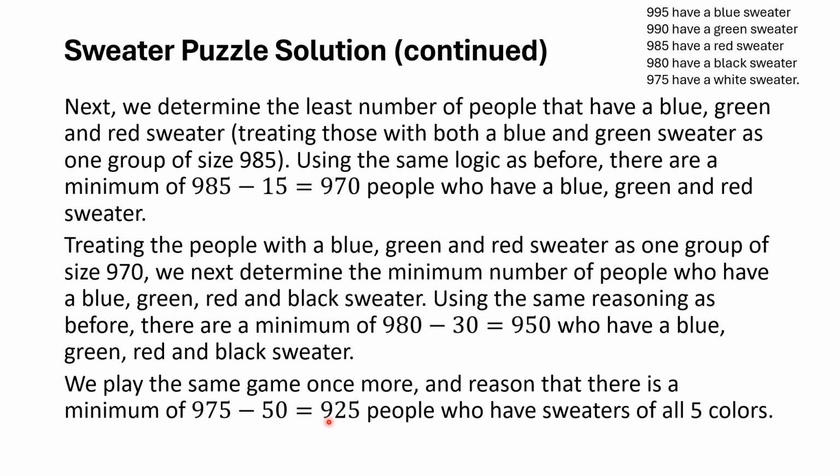So at least 925 people have sweaters of all five colors. So that's the solution. There's another way of doing this, and it's a lot easier actually. I'll explain it in the next slide.